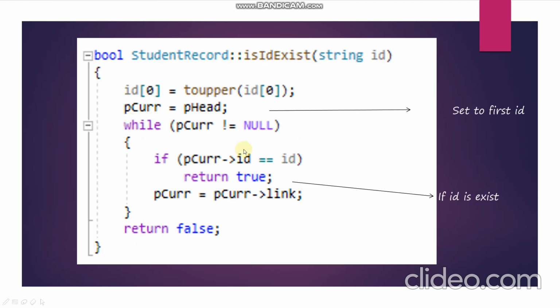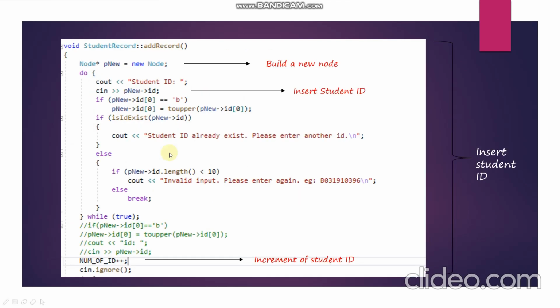If the ID exists, the result will return true. If the ID does not exist, the user is asked to enter a new ID. The length of the ID must not exceed 10. Then num of ID plus is used to increment the student ID.